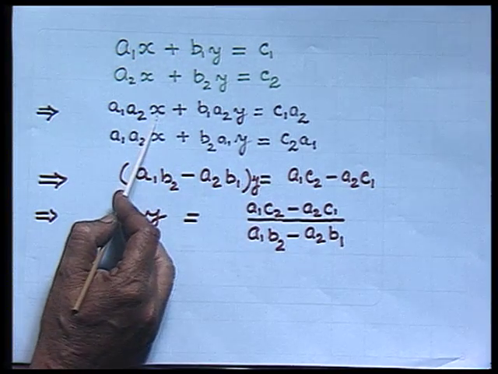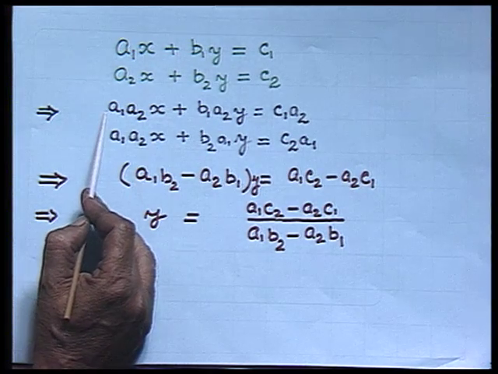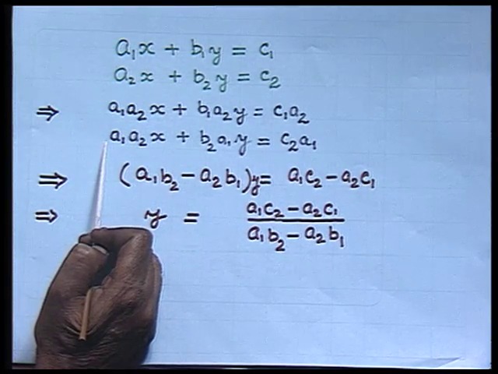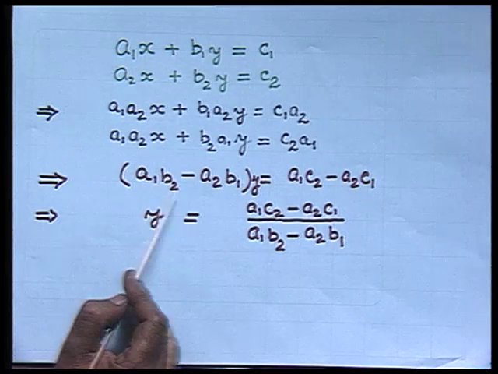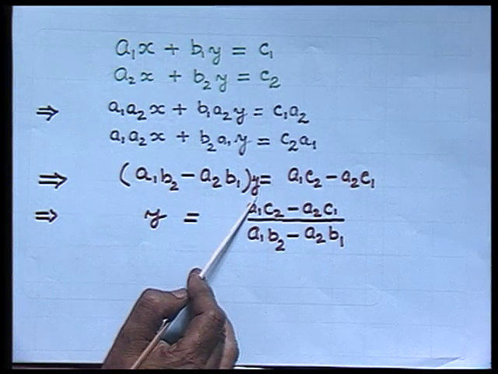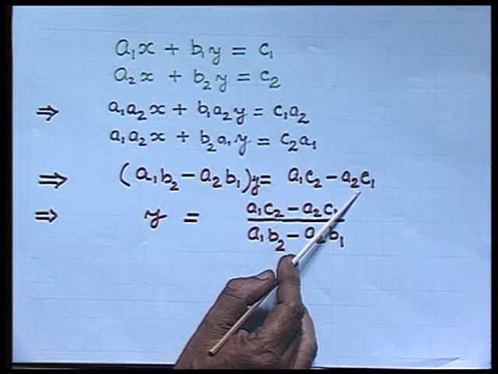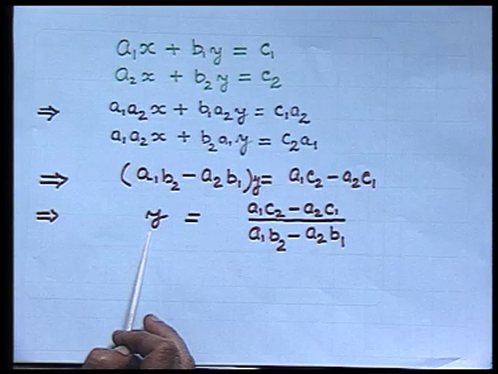Now here the coefficients of x have been made equal, and what is the sign for these? Both are positive. So that means again I will have to subtract, and from there I get (a1 b2 minus a2 b1) times y equals a1 c2 minus a2 c1, and from there I get the value of y as this.